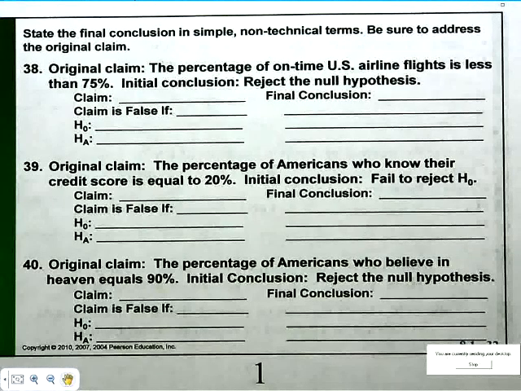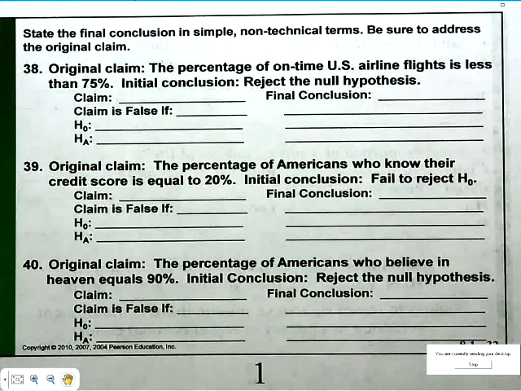And how did you use that to determine whether to reject or fail to reject the null hypothesis? What do you compare the p-value to? In the particular example we did, it was 0.05. What was the name of that 0.05?